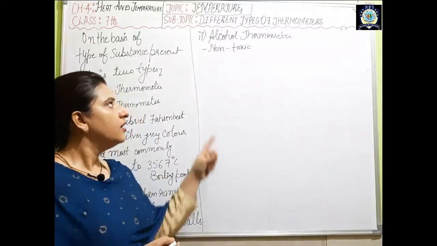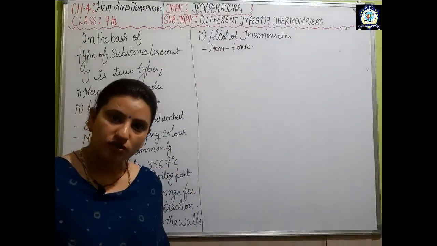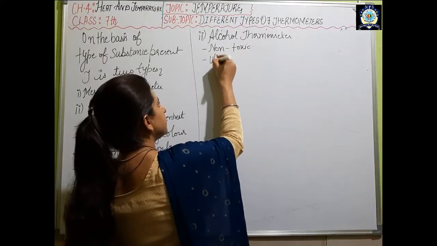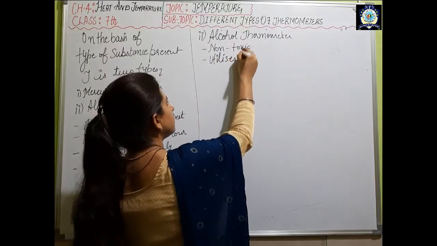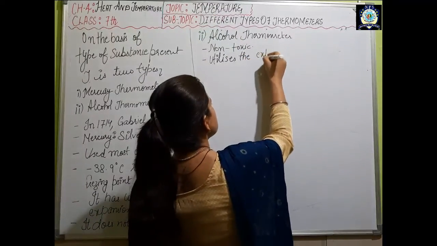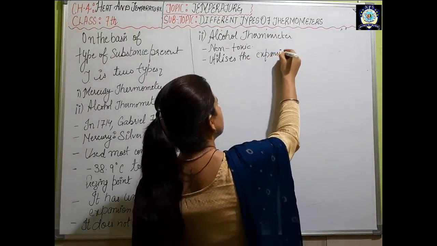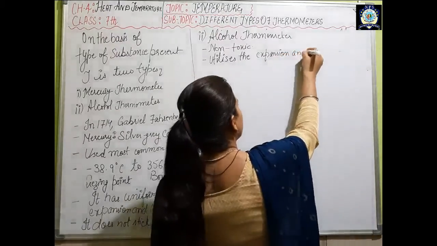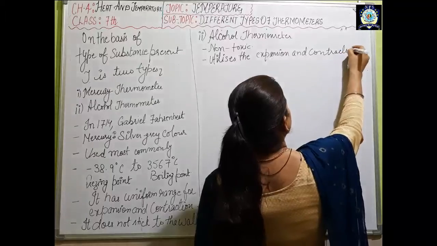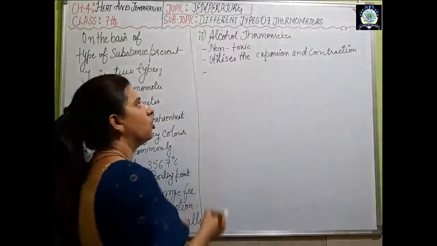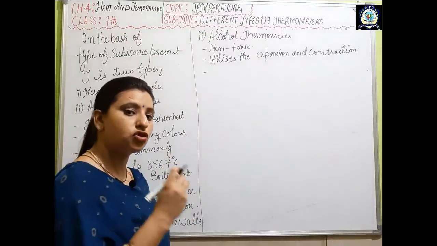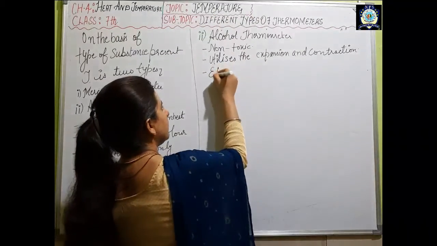So this alcohol is non-toxic, first of all. Second, it utilizes expansion and contraction. There are a number of alcohols used in different types of thermometers, but the most common alcohol used is ethanol.